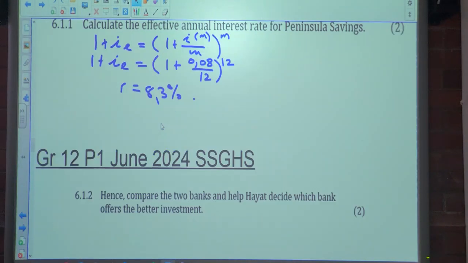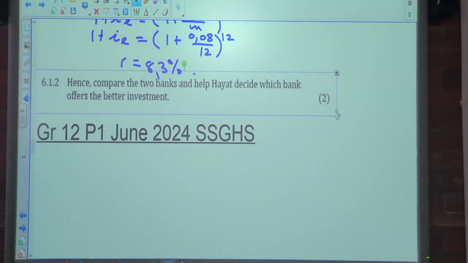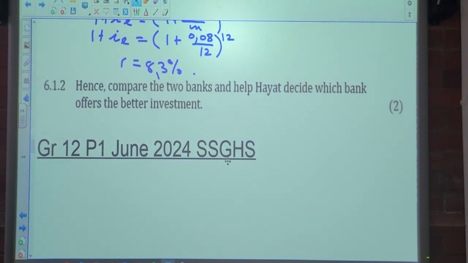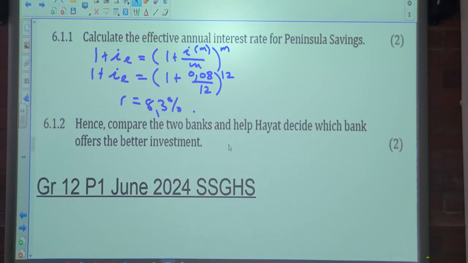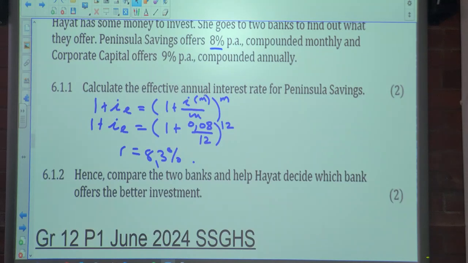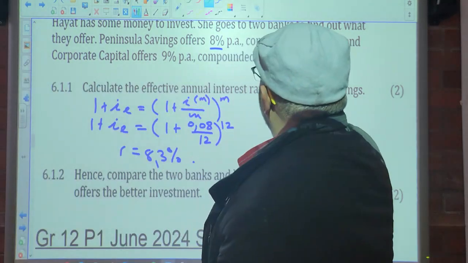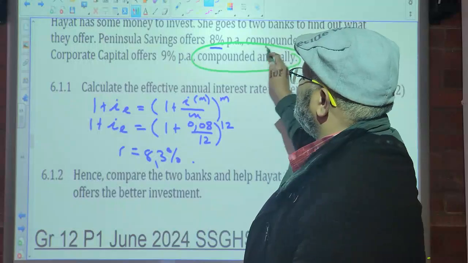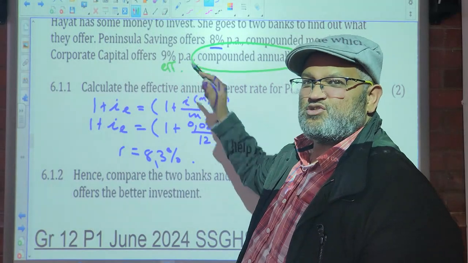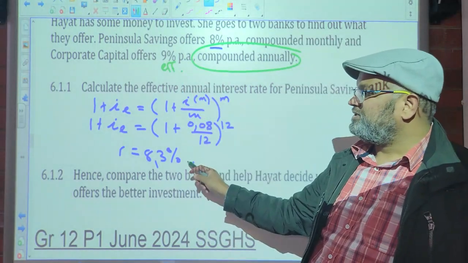Next question, 6.1.2. The question then says, hence compare the two banks and decide which offers the better investment. So because the annual compounding is also an effective interest rate, that gives me a fair opportunity to compare the two.